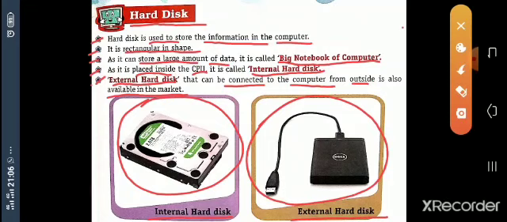Now, what is external hard disk? An external hard disk is a portable storage device that can be attached to a computer through a USB or FireWire connection or wirelessly. External hard disks or hard drives typically have high storage capacities and are often used to back up computers or serve as a network drive.